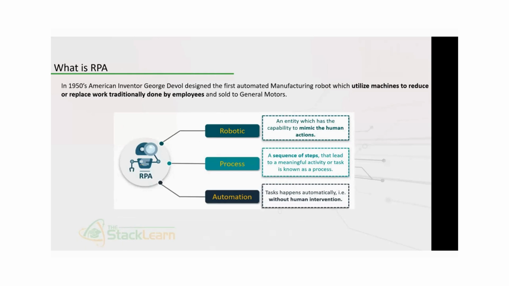So the full form of RPA is robotic process automation. And we'll go through each term. Robotic is nothing but mimicking the human actions. It means whatever the human does, it will mimic the same actions.